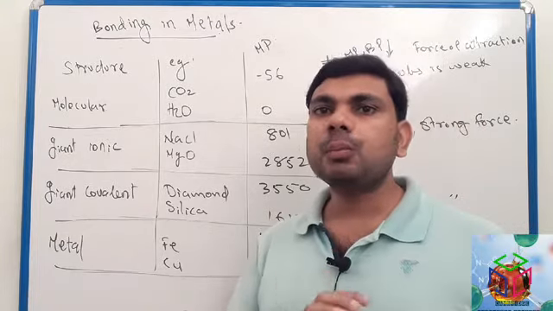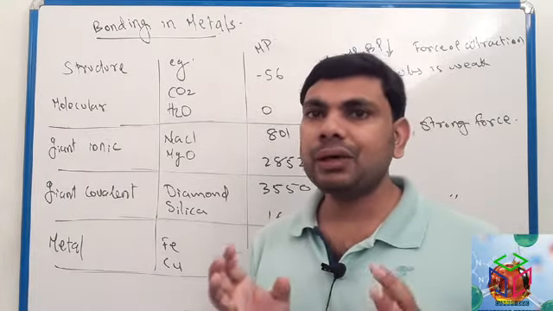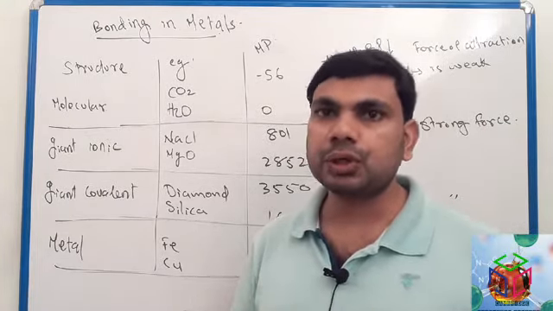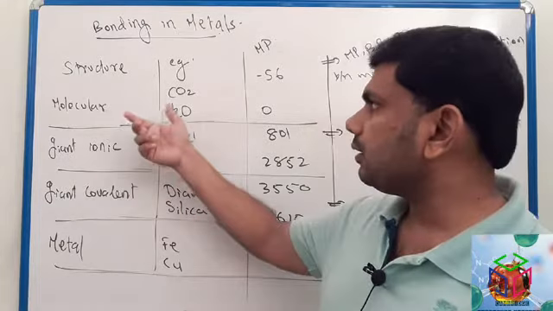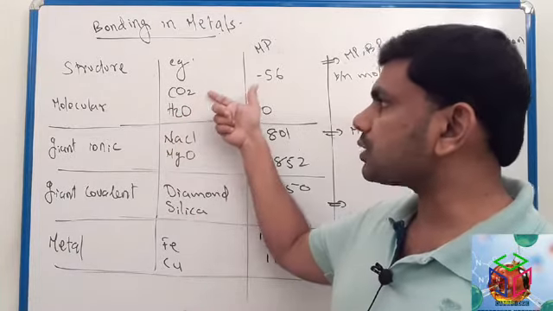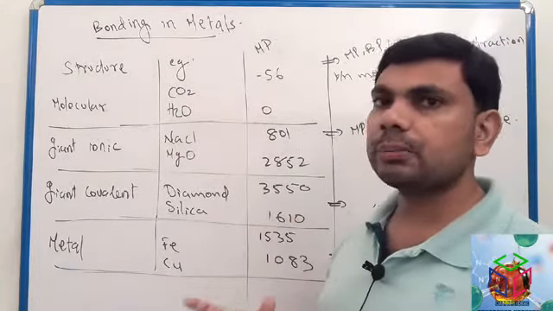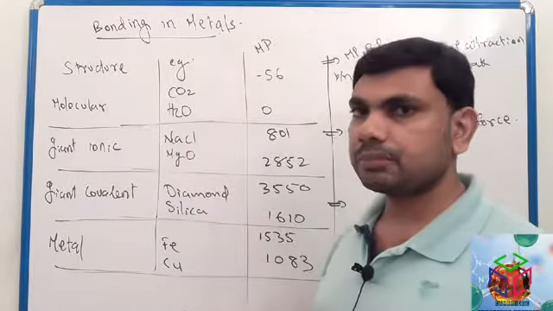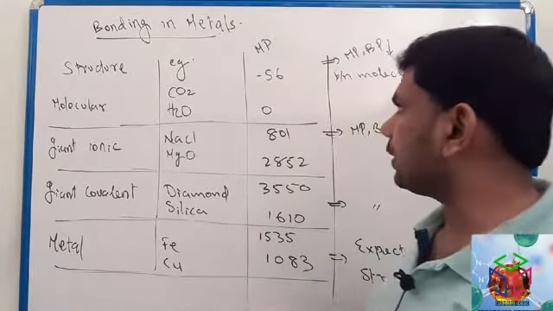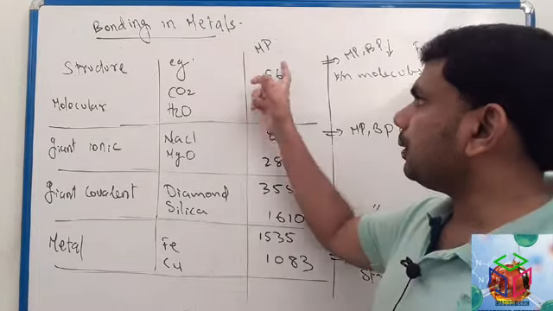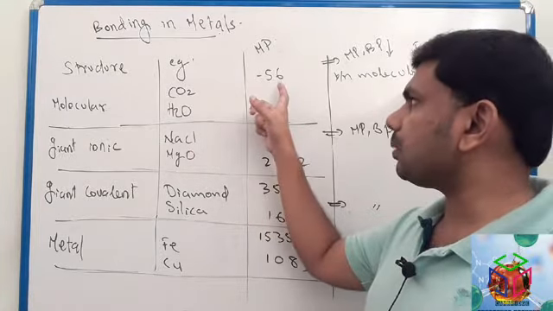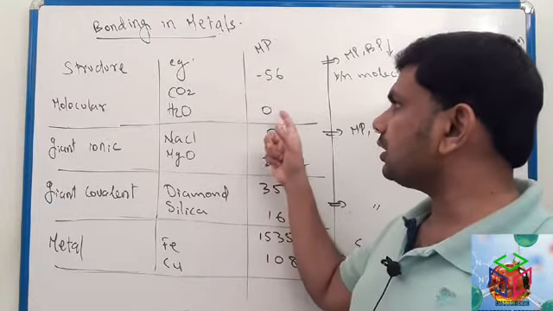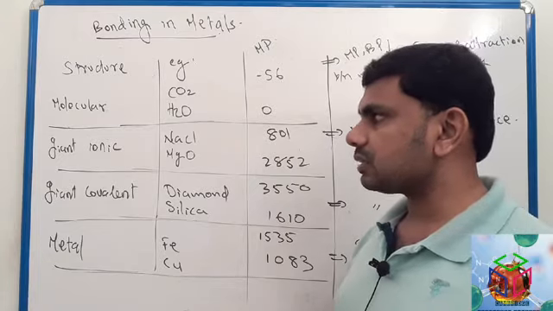This type of molecular solid has weak forces of attraction between molecules. Examples of simple molecules are carbon dioxide and water, water meaning ice. The melting point of carbon dioxide is minus 56, water is 0 degrees Celsius.